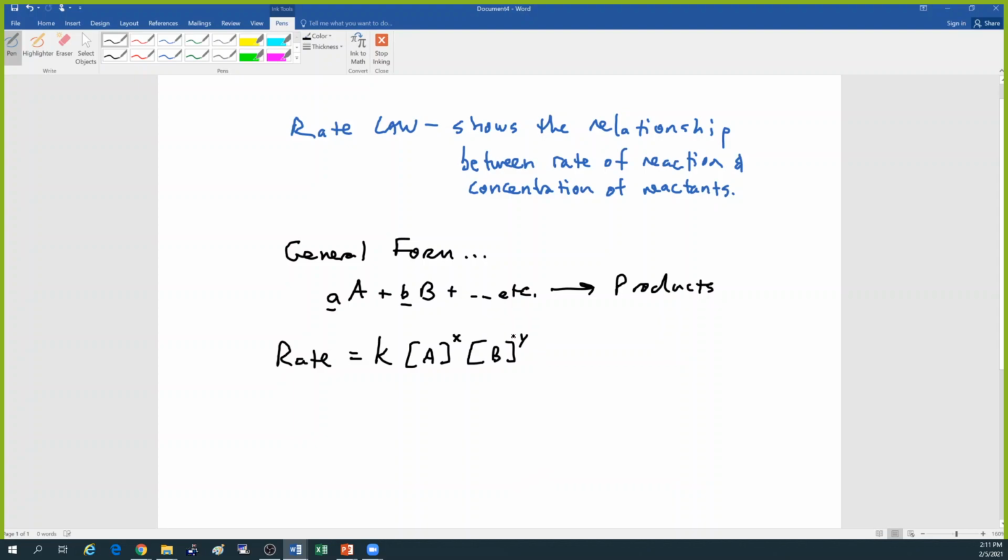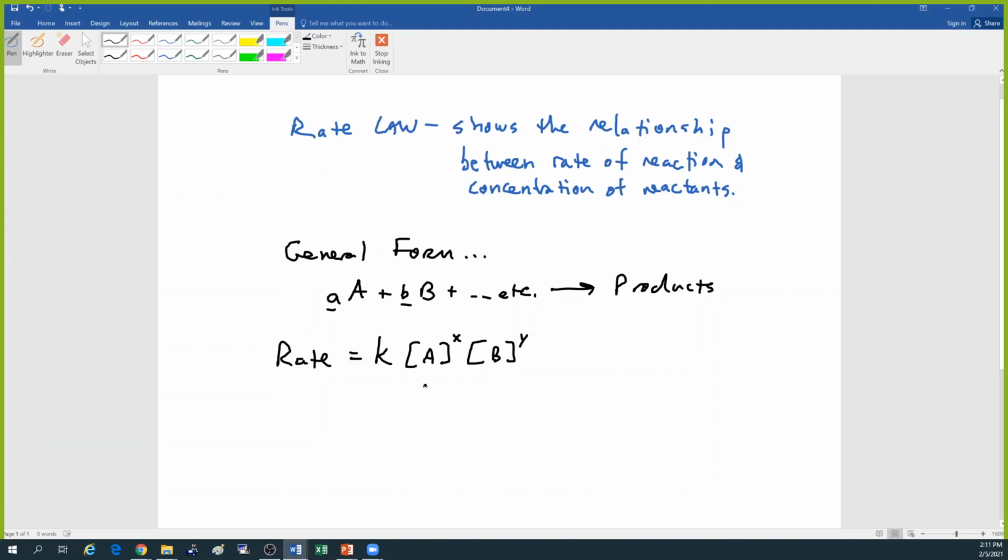So the only way to get these exponents is through experimentation. We have to have data. And I'm going to show you what that looks like in a minute. Bottom line, this general form is how we start every problem. And what we have to have then is some table of data from which to figure out these exponents and then ultimately this rate constant.